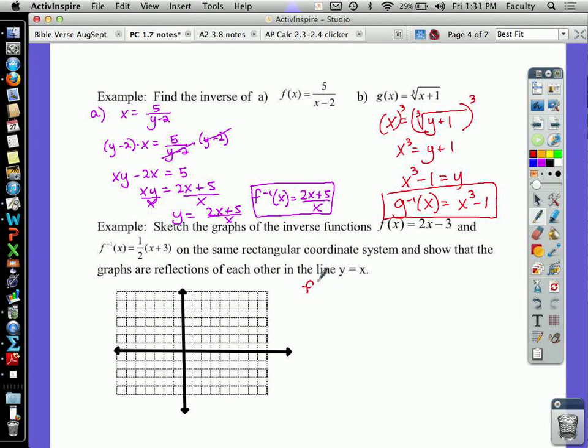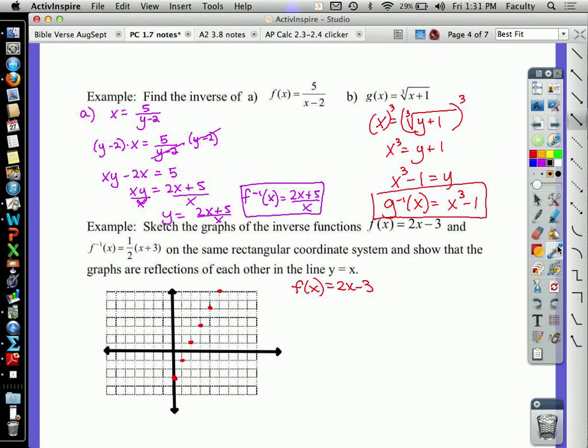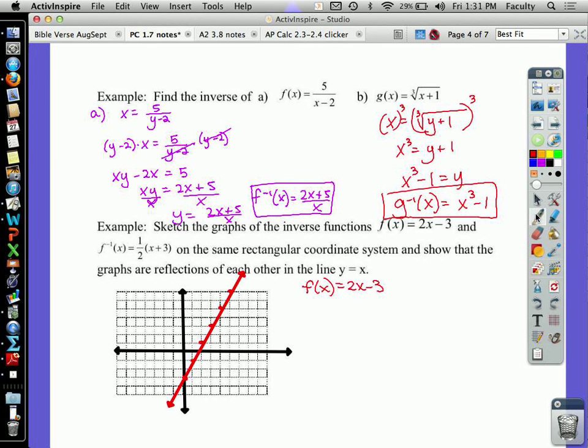And for f of x equals 2x minus 3, I can plot this by going down to the y-intercept, which is negative 3, and go up 2, right 1, up 2, right 1, up 2, right 1. And then if you remember, when we say you switch the x and the y, that's actually true about your points as well.